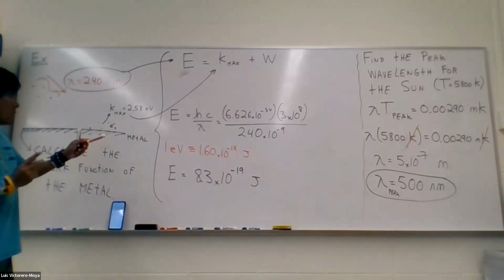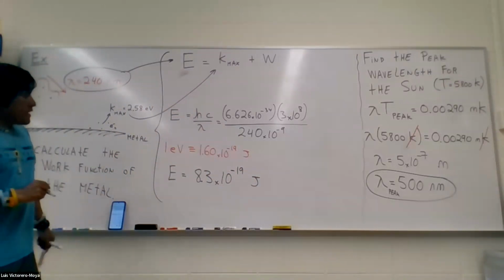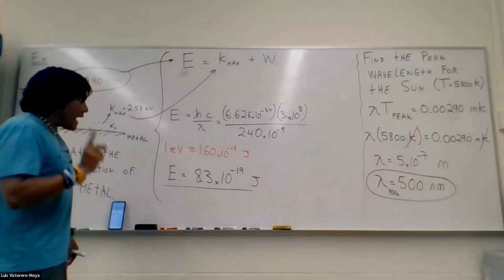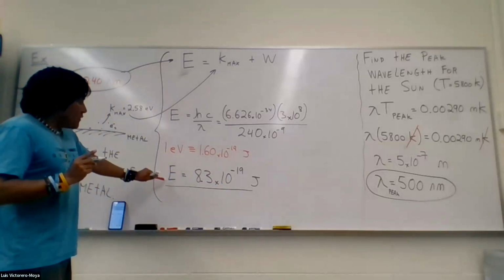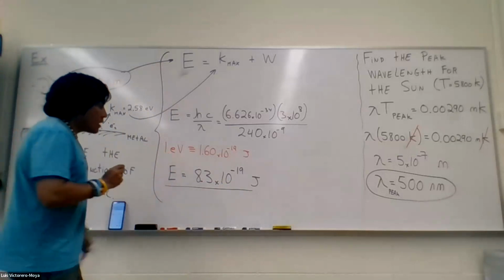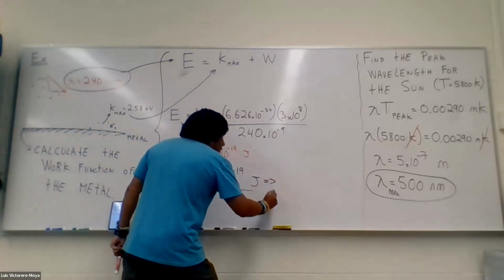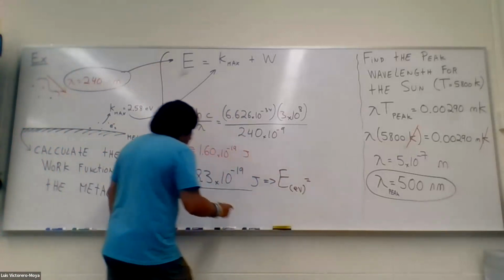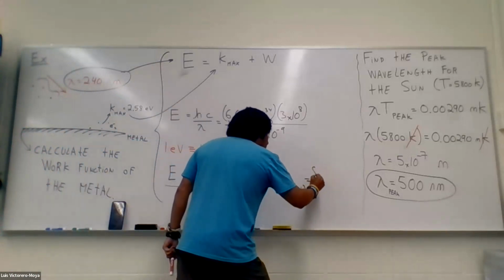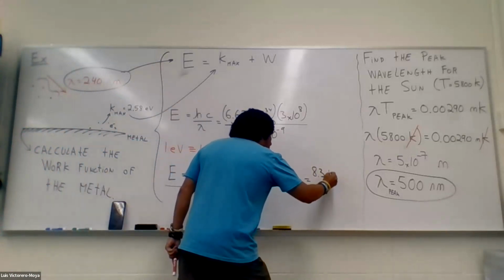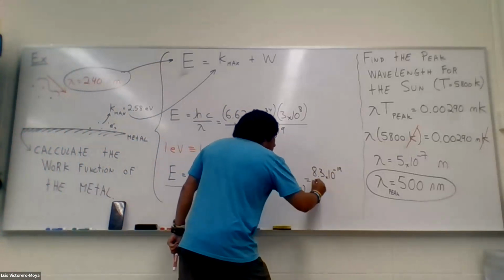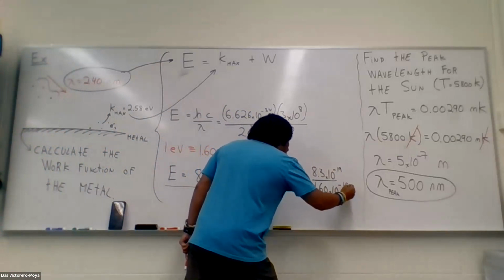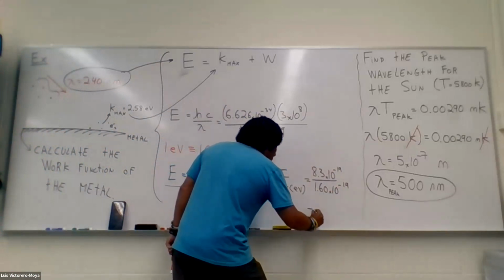Then divide and multiply. So that's the energy in joules. Now I want to change this to electron volts using this. So the energy in electron volts is this divided by that, and that will give electron volts.